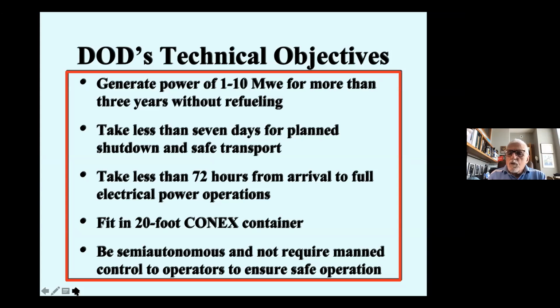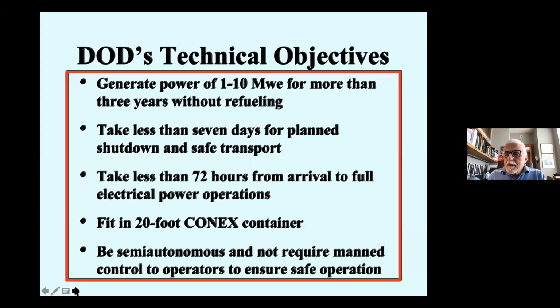And so this would forego all of that. They want to generate anywhere from 1 to 10 megawatts of electricity for more than 3 years without refueling. So at the end of 3 years, you just replace the reactor or you refuel it. They want less than 7 days for a planned shutdown and safe transport. But when it goes on site, they want it up and running within 72 hours.